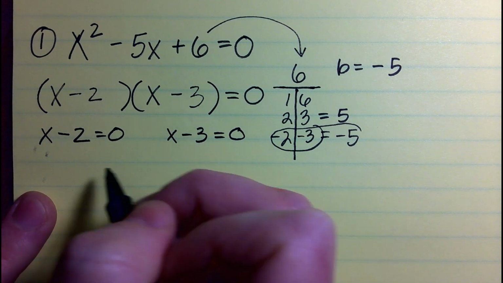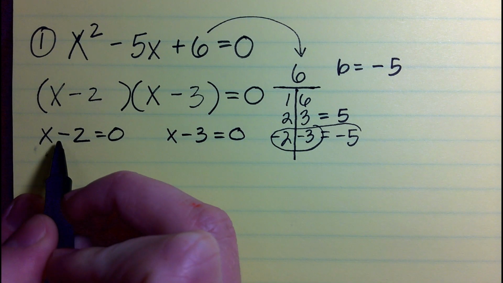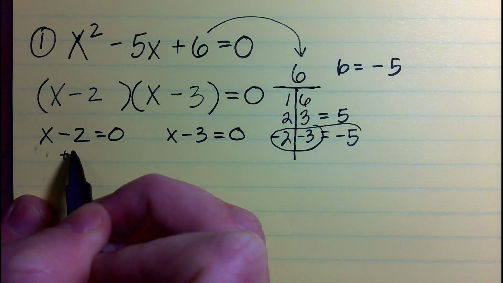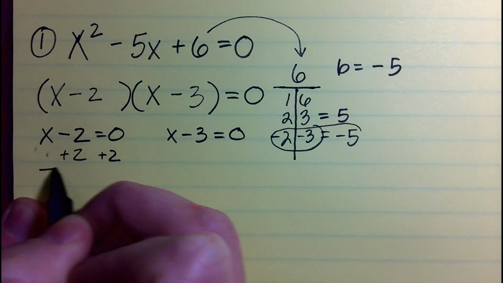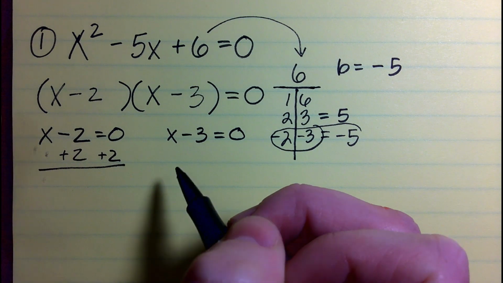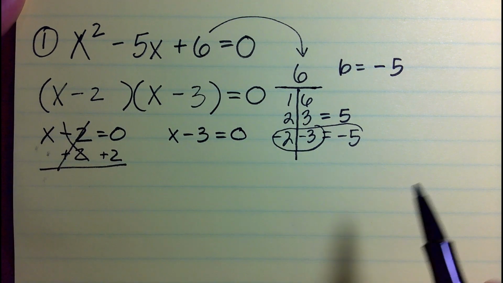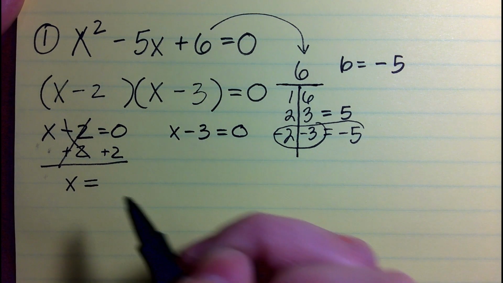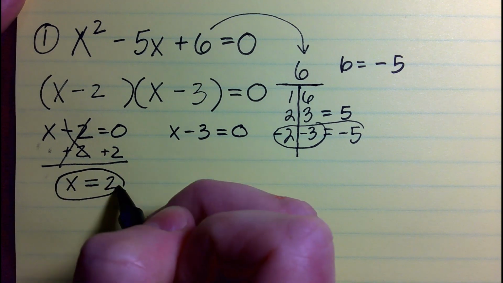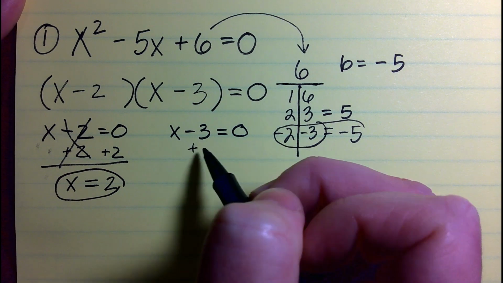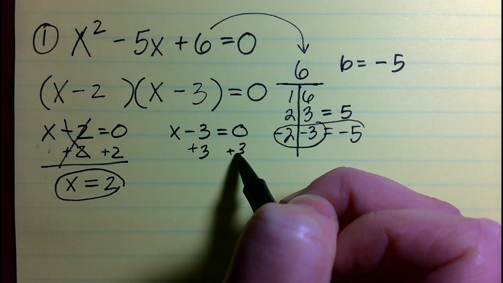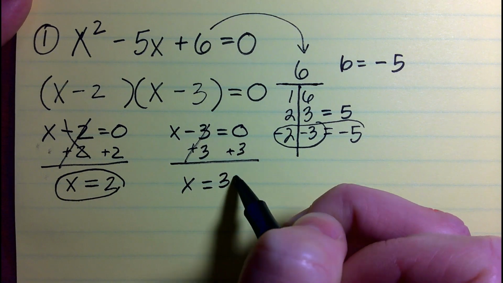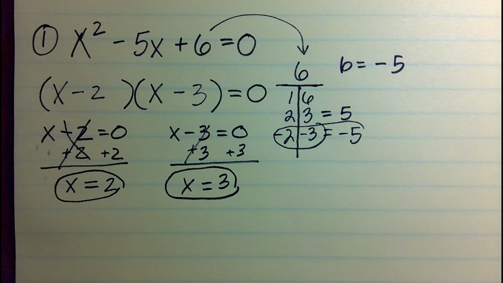So inverse operations: if I'm subtracting 2 here, I'm going to add 2 to both sides. And those cancel. So what's the answer to my first equation? x equals 2. Good. And same process on the second one. Add 3. x equals 3.